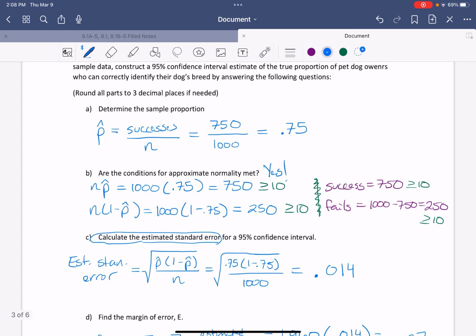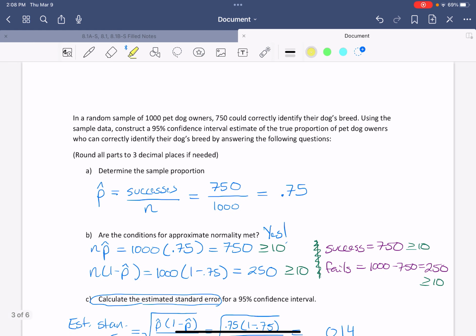All right, let's go back here, in case you need to remind yourself. What are we looking for? We want to know the proportion of pet dog owners who can correctly identify their dog's breed. That's the whole point of doing this.